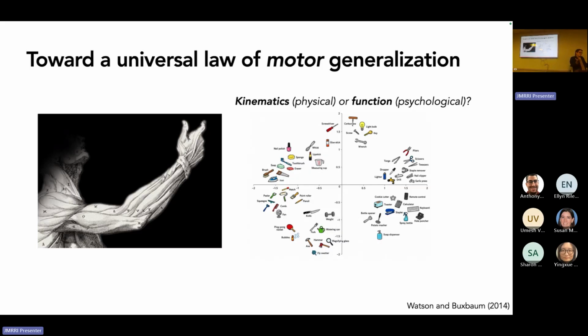Or causing some kind of change in the function of what you're doing. So you can think that in your representational space, motor skills are getting lumped in some high-dimensional space, but big ones might be what you're trying to do with the function of it, and the kinematics of how you move it, right?